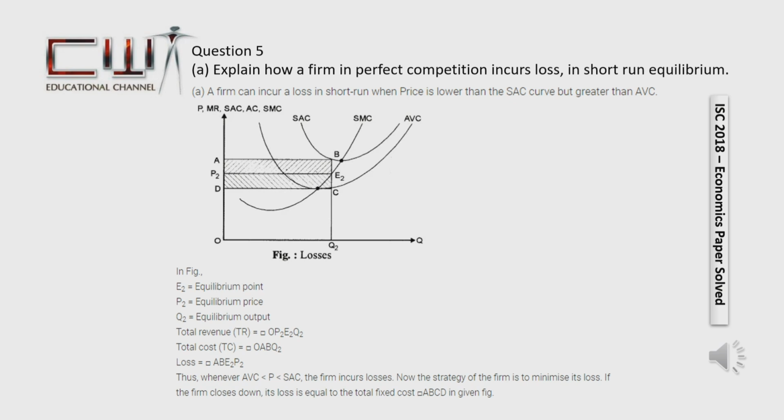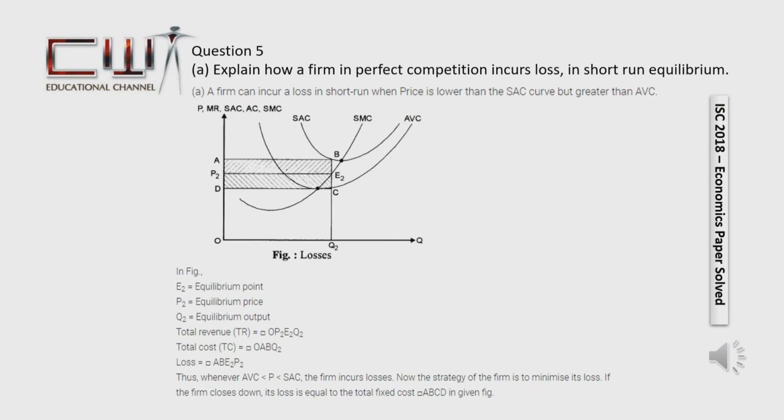We see that a firm can incur loss in the short run when price is lower than the short run average cost curve but greater than the average variable cost. So AVC is the average variable cost curve, SAC is the short run average cost curve, and SMC is the short run marginal cost curve.